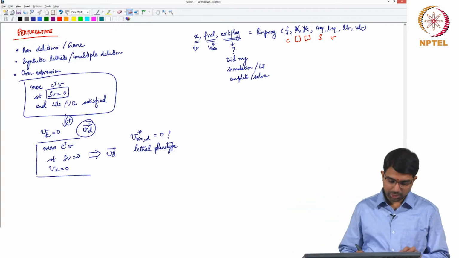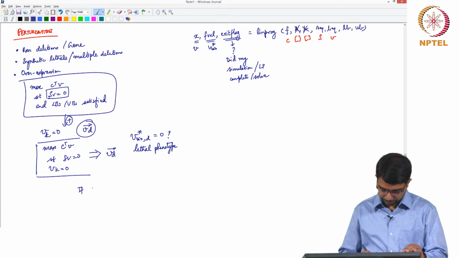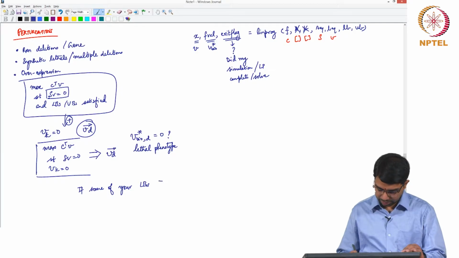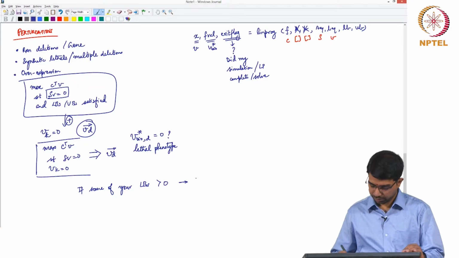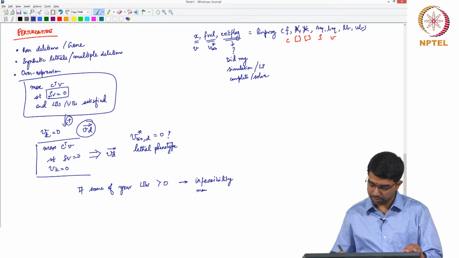except if you have certain lower bounds. So, if some of your LBs are greater than 0, infeasibility may occur.